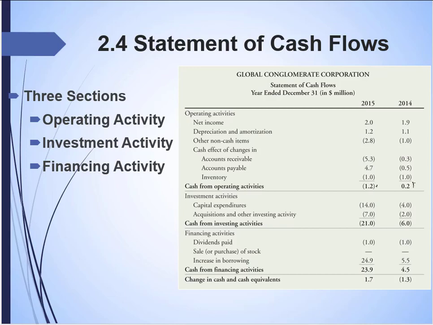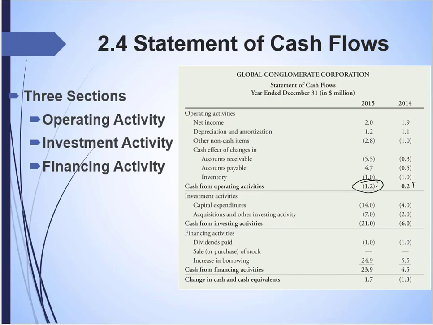It was positive in 2014. A negative number here is really bad news for this company. We also look at investing. This company appears to be in an investment mode. They are buying assets, increasing their asset base.